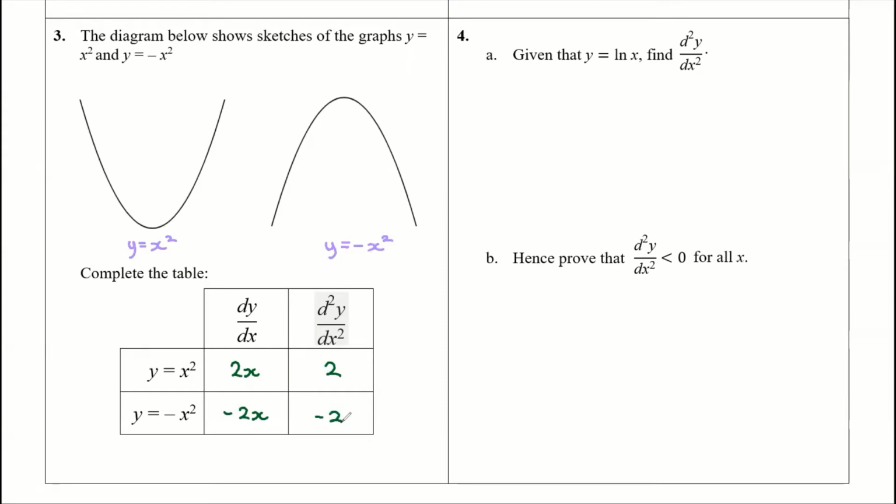So we can see in the first case where we have y equals x squared, we have a nice positive value for the second derivative. And for the second case, negative x squared, we have a negative value for the second derivative.